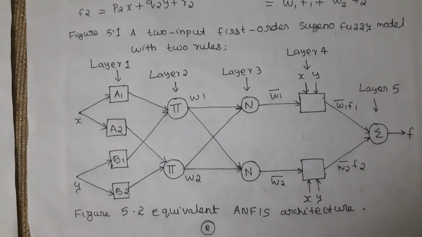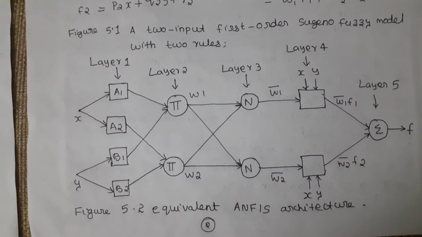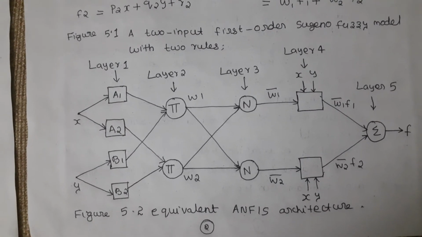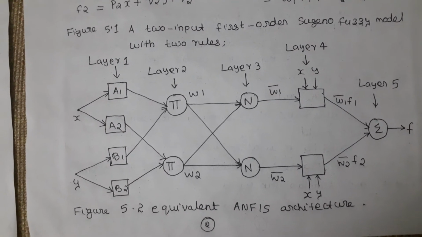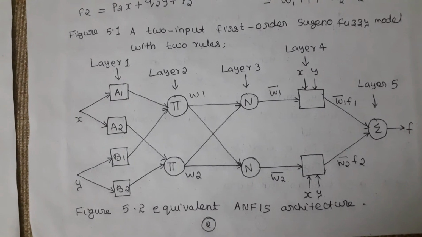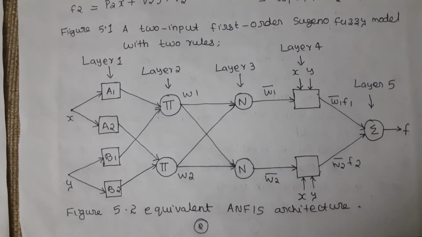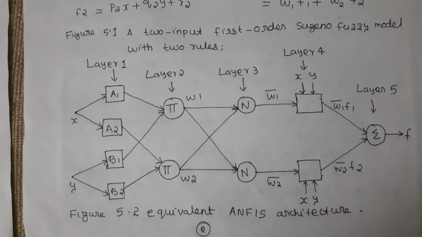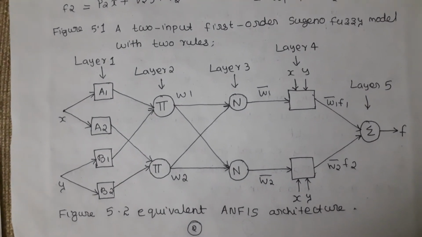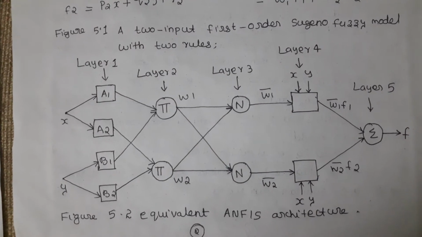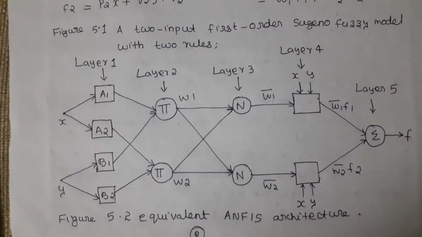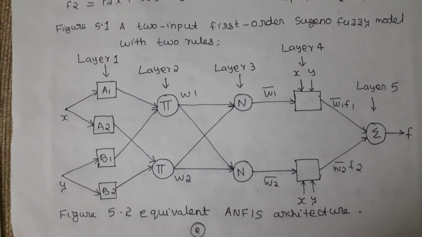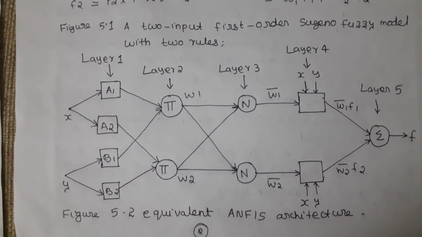See this architecture and observe that when the values of the premise parameters are fixed, the overall output can be expressed as a linear combination of the consequent parameters. The premise parameters are the modifiable parameters available in layer 1, and we fix these parameters and change the consequent parameters to obtain the required output.